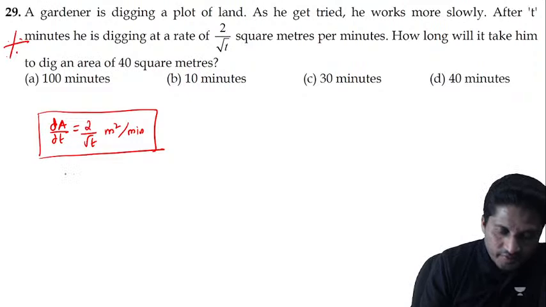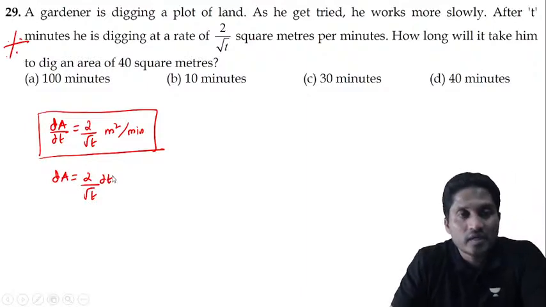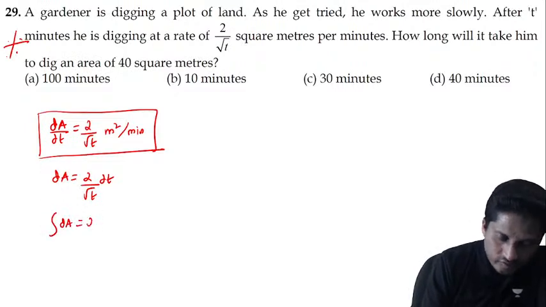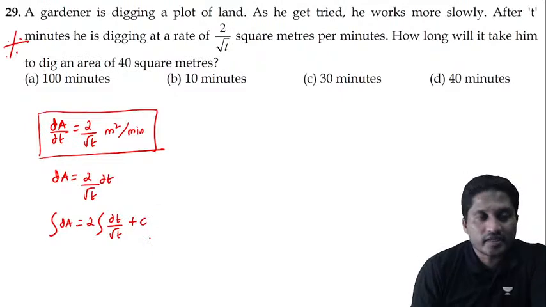If I separate the variables, dA is equal to 2 by root t into dt. I'm just separating the variables. Now if I integrate, integration of dA is equal to 2 times integration of dt by root t, okay, plus c, integration constant.